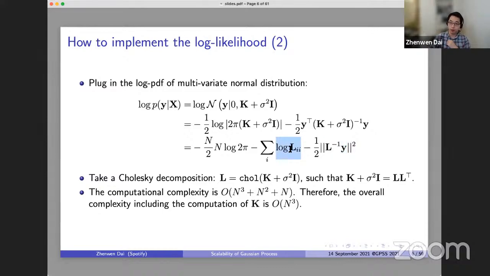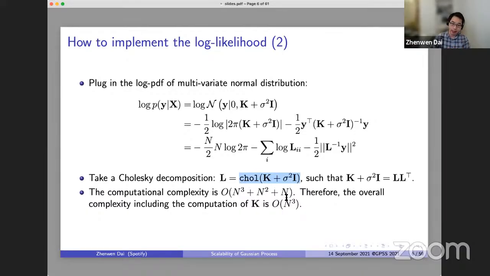With the log in front, it becomes a sum of the log of the diagonal entries of L, which we can calculate with complexity O(n). Back substitution has complexity n squared, and the Cholesky decomposition has complexity O(n cubed). So the overall complexity of this log likelihood calculation is O(n cubed plus n squared plus n), and we omit the n squared and n terms.